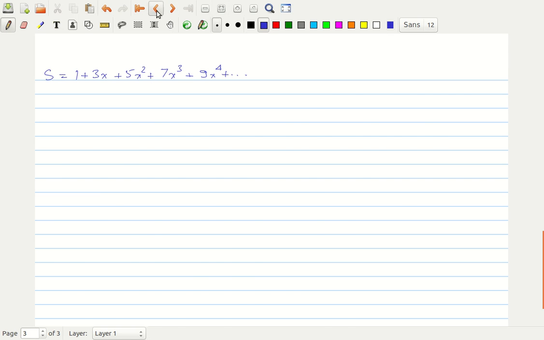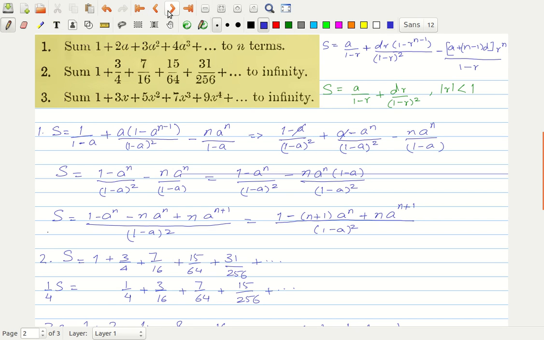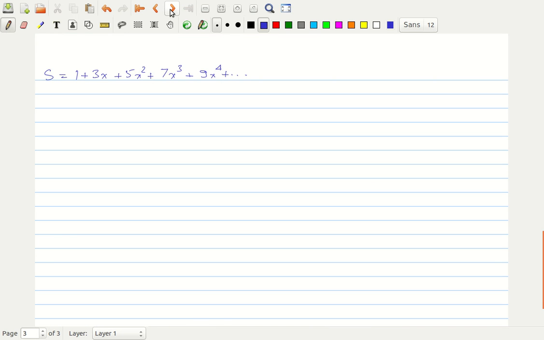If we have to sum it till infinity, we have to assume that modulus of x is less than 1, otherwise this summation to infinity is not possible.